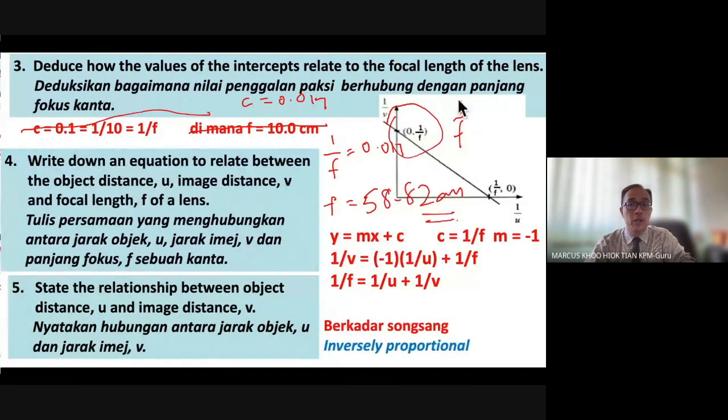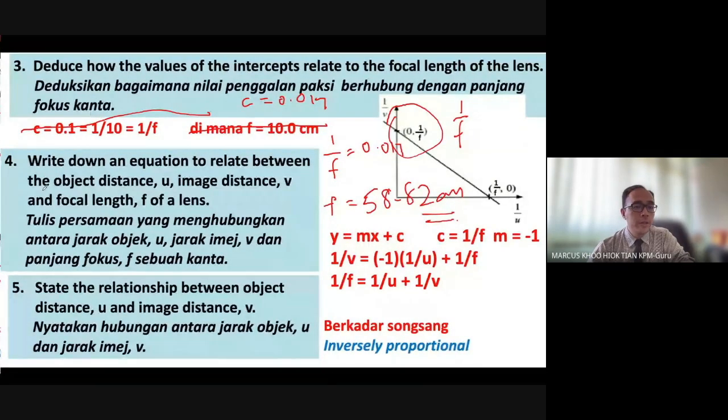And this is the method to do it. If you're confused about what Sir is talking about, just take this away: when we draw the graph of 1 over v against 1 over u, the y-intercept represents 1 over f. So you can find f. Just invert it, 1 divided by 0.017.